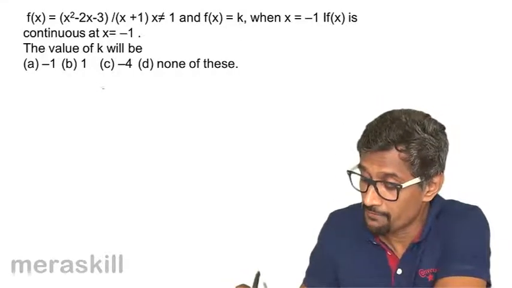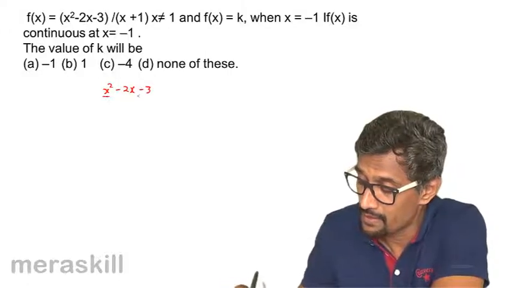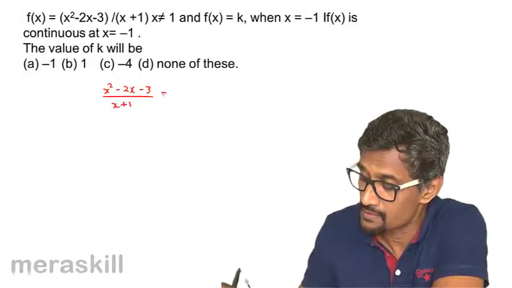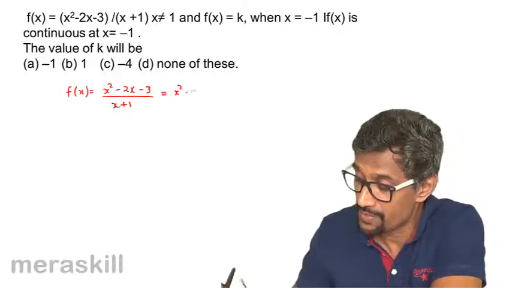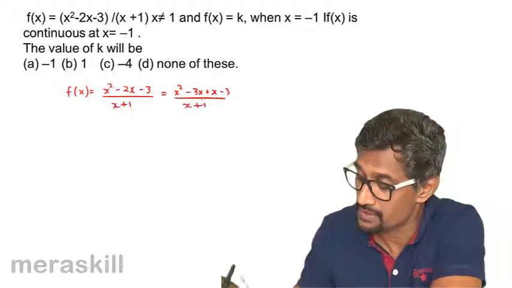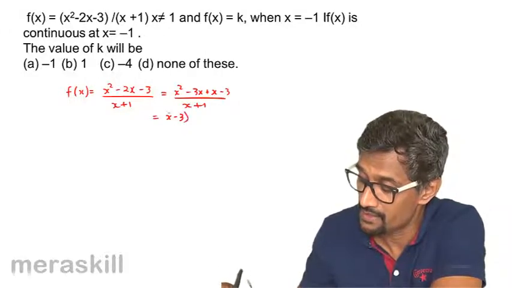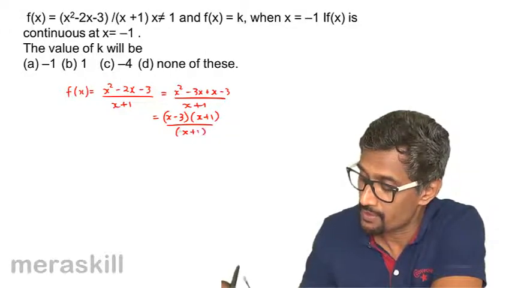So it's going to be one function is x square minus 2x minus 3 upon x plus 1. This can be written as x square minus 3x plus x minus 3 upon x plus 1, which turns out to be x minus 3 into x plus 1 upon x plus 1.